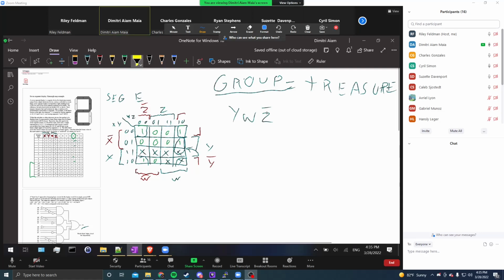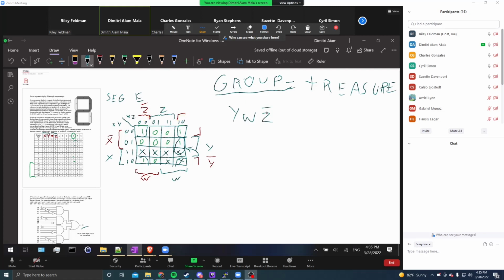Because Z0 is over here. Remember that the K map just keeps repeating itself, just like this one is next to this one over here. Does it make sense?